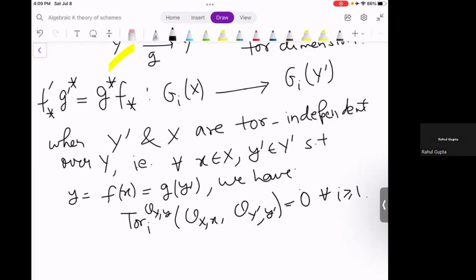So locally this will make sense, and this should happen for each Tor.